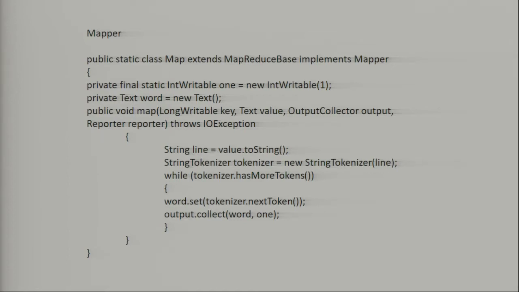Next we have OutputCollector and output. So OutputCollector is another data type which will be having the output in it. Of course, the OutputCollector is another property which will be holding certain values. Then we have the Reporter. Of course, the Reporter is the one which will report whether the mapping tasks are working properly or not.